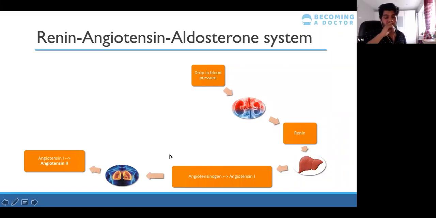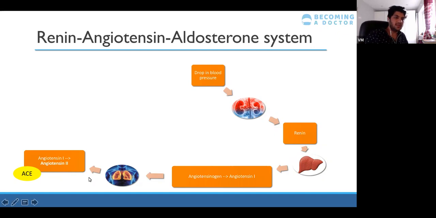Angiotensin-1 goes off to the lung, so we have kidneys, liver, then lung, and angiotensin-1 is converted into angiotensin-2. Before I go on to how that affects aldosterone, this conversion from angiotensin-1 to angiotensin-2 is carried out by an enzyme called ACE, angiotensin converting enzyme.